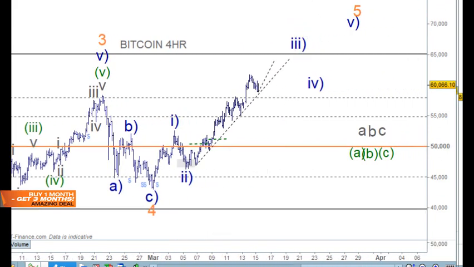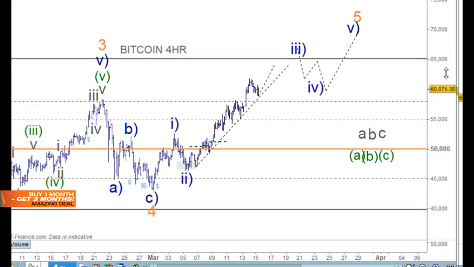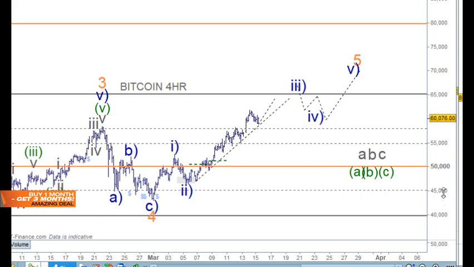So this is what we're looking at here. We've got wave 1 and 2 here, and we'll pull that apart in a moment. But when we get to 65,000, it's a medium level. I know that it doesn't mean much to most folks, but it's halfway between two major levels. So the major levels are 5 and 8, and we get those from the Fibonacci sequence of 1, 2, 3, 5, and 8.